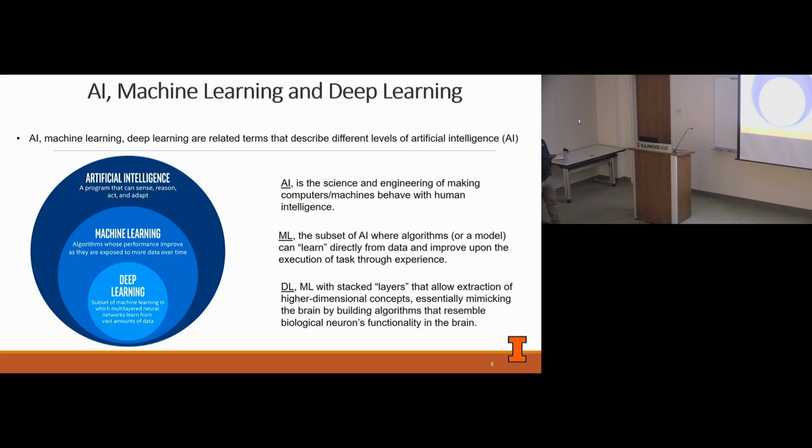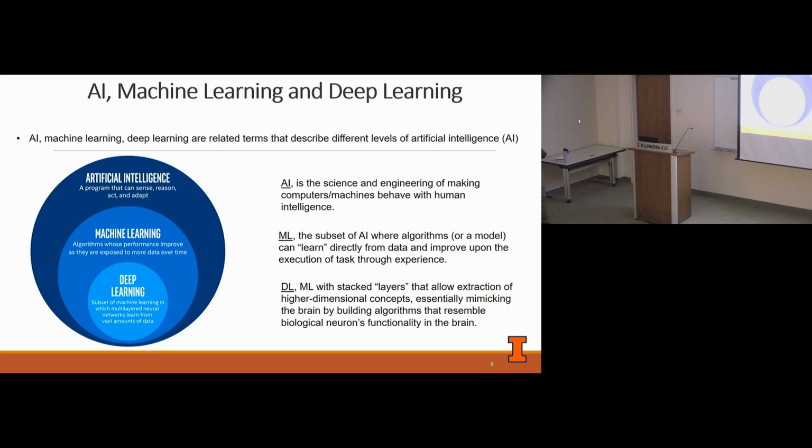But then we have machine learning, which is a subset of that. And so here you have algorithms that are able to improve as you feed it with more data. And then you have deep learning. Deep learning is also another subset of machine learning, where now you are going to train your model on a much bigger set of data. So it's not just one or two data.